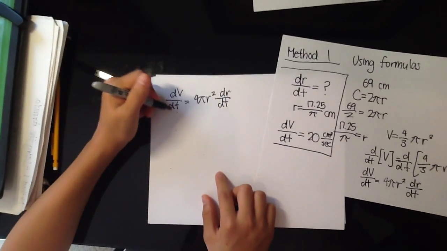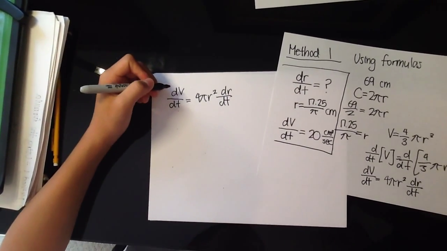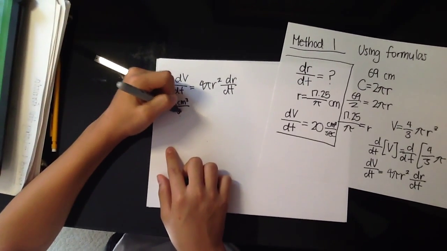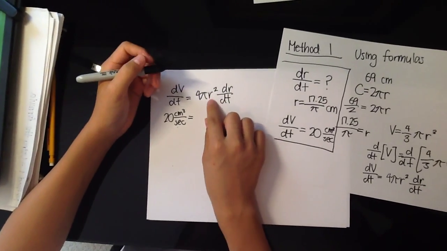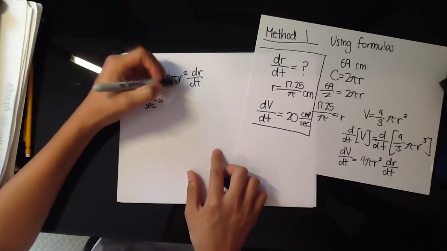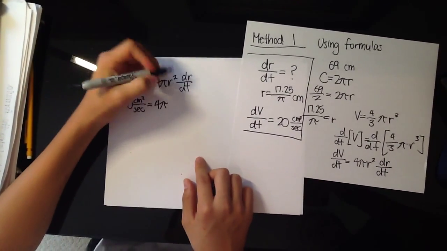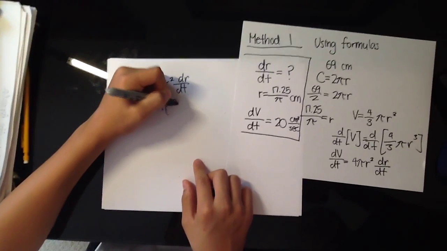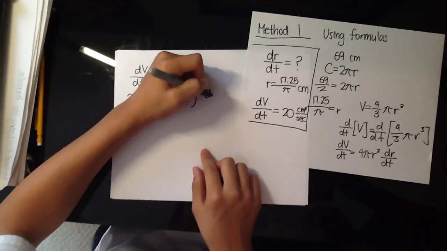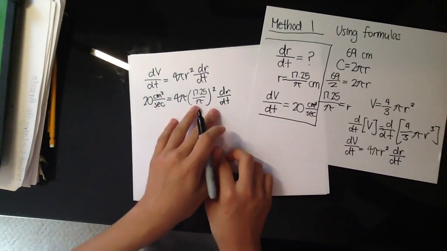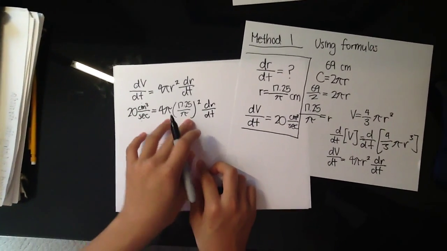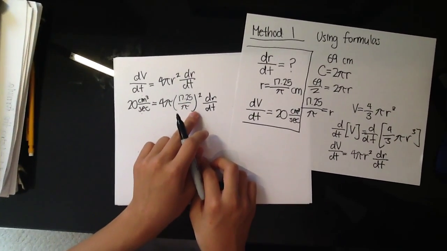We know dV/dt is 20 centimeters cubed per second, which we plug in. And we know r is 17.25 over pi centimeters, so we plug that in as well: 4 pi times 17.25 over pi, squared, times dr/dt. Now we can simplify the whole equation by dividing by 4 pi times 17.25 over pi squared.